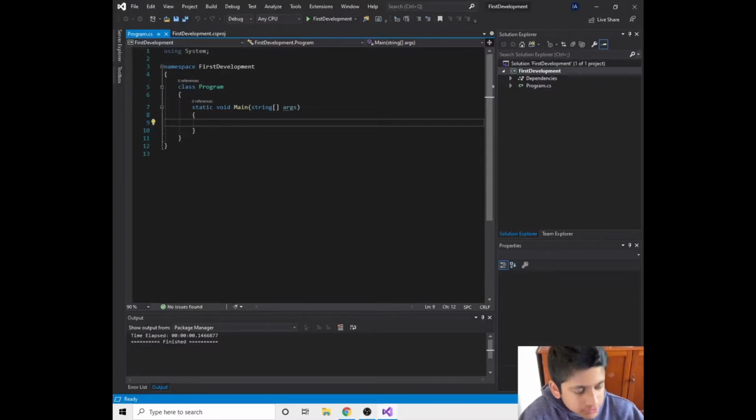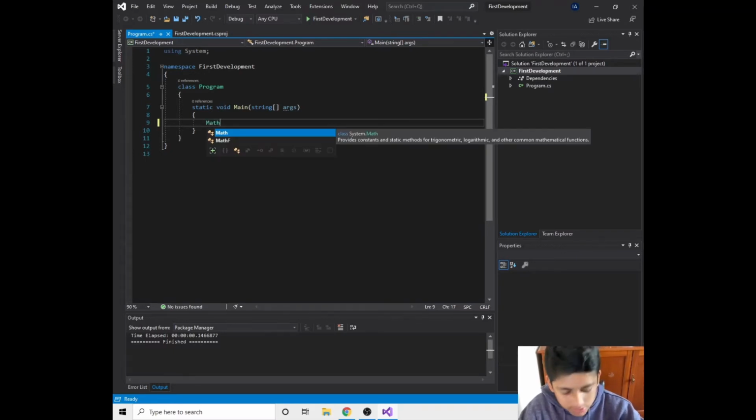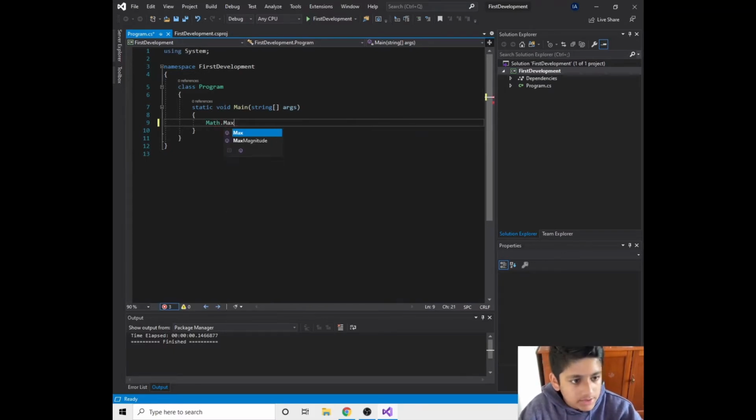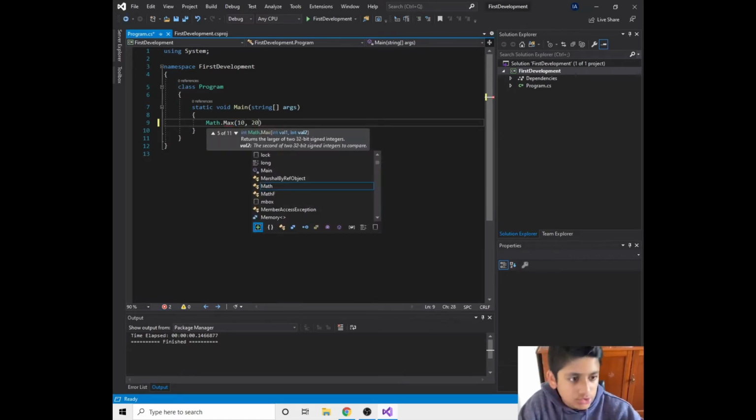So here we are on Visual Studio, and let's go through the first step. The first step was to do Math.Max. It gave you a bit of a hint on the slide. So you could just do Math dot Max, and let's do like 10, 20.